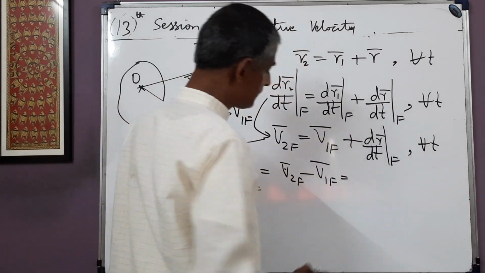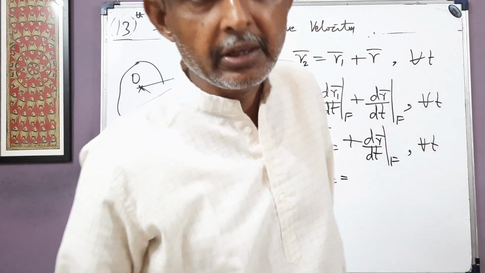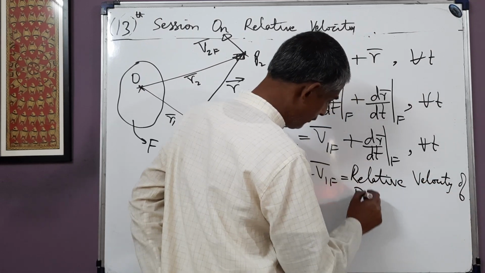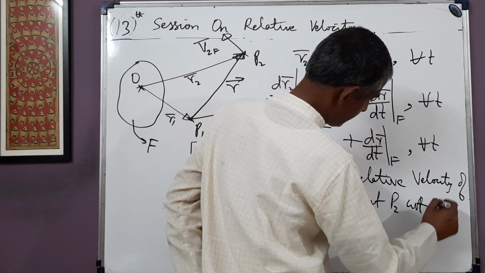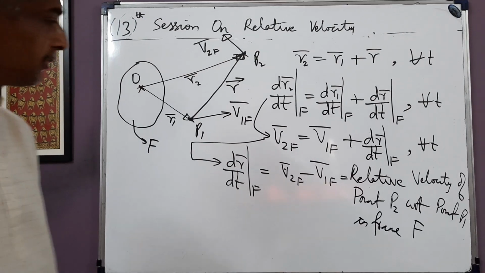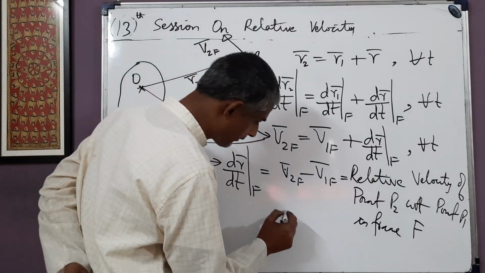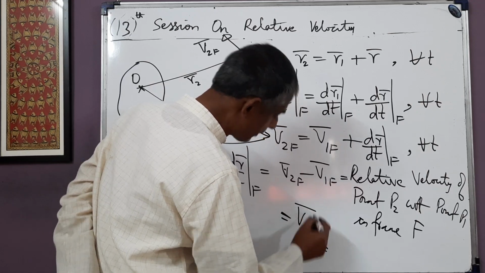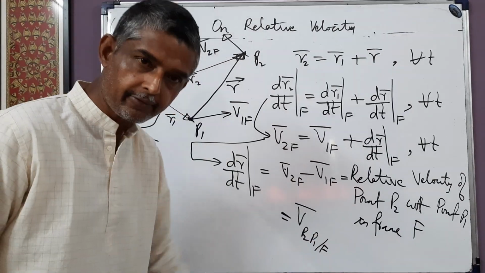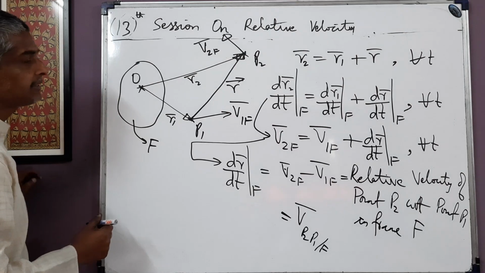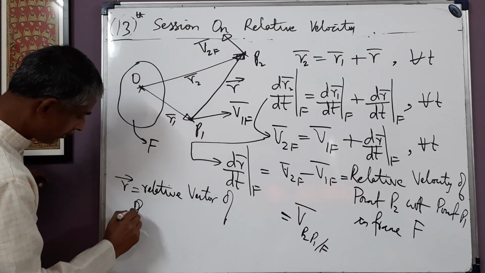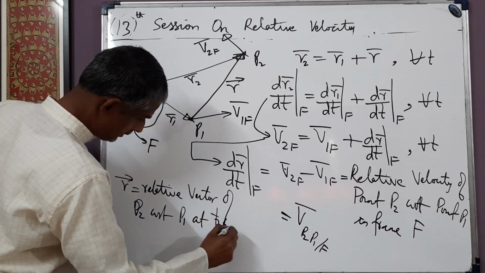This quantity V2F minus V1F is called the relative velocity of point P2 with respect to point P1 in frame F, which will be denoted in short notation as VP2P1/F, the velocity of P2 with respect to P1 in frame F, the slash meaning in frame F. And R is the relative vector of P2 with respect to P1 at time t.